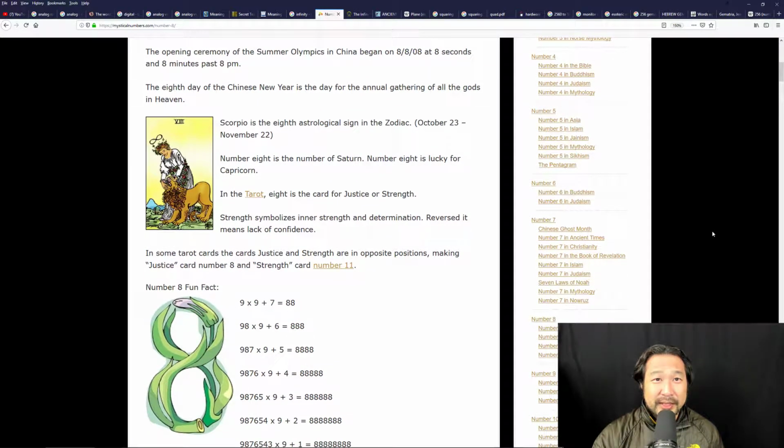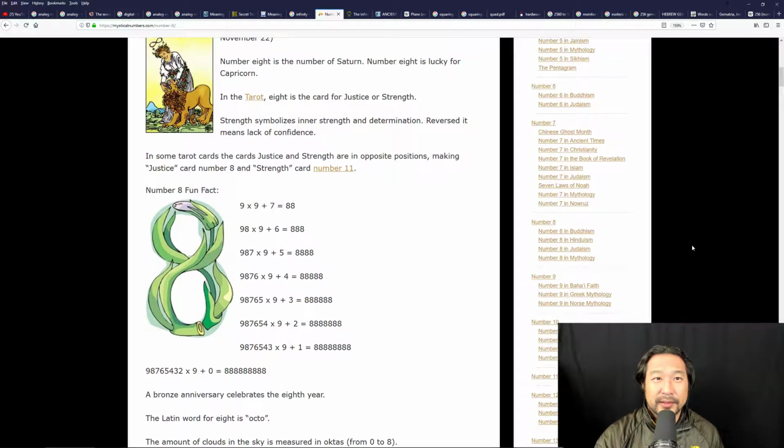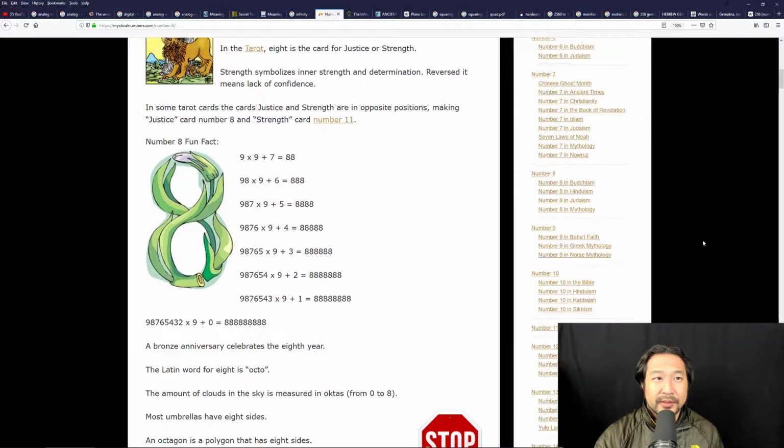Scorpio is the 8th. We went over that. Number 8 is the number of Saturn. Number 8 is lucky for Capricorn. In tarot, 8 is the card for justice or strength. Strength symbolizes inner strength and determination. Reversed, it means lack of confidence.